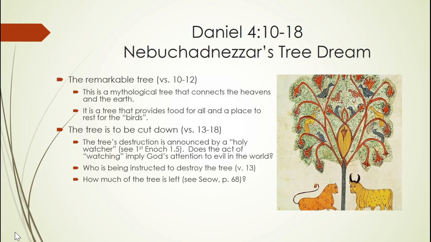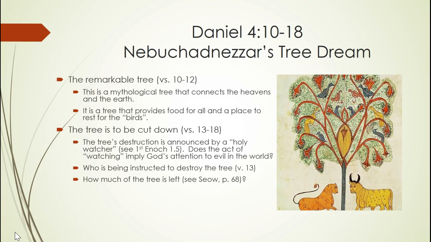The NRSV suggests that its stump and root are left with a band of iron and bronze, and the metallic band is presumed by some commentators to be a protective piece binding the stump. The conjunction and is not present in the Aramaic text, however, and the possessive suffix is with the second noun rather than the first, its root, rather than its stump.